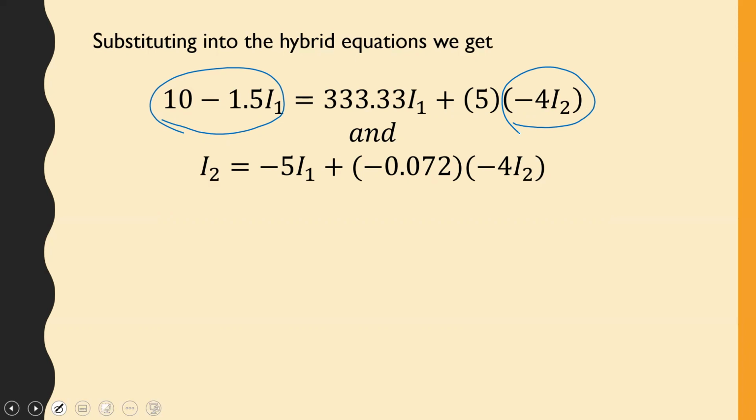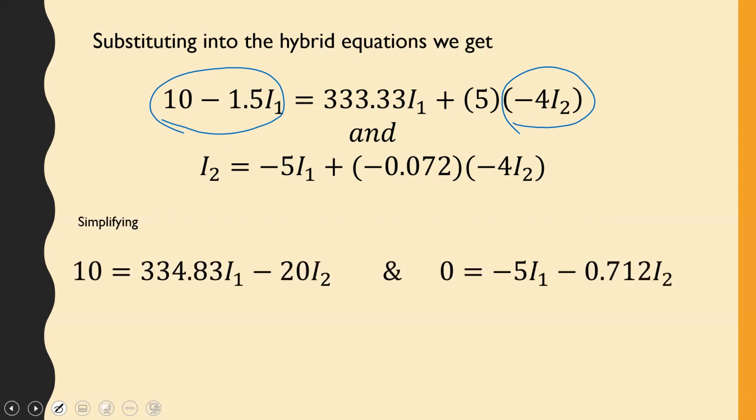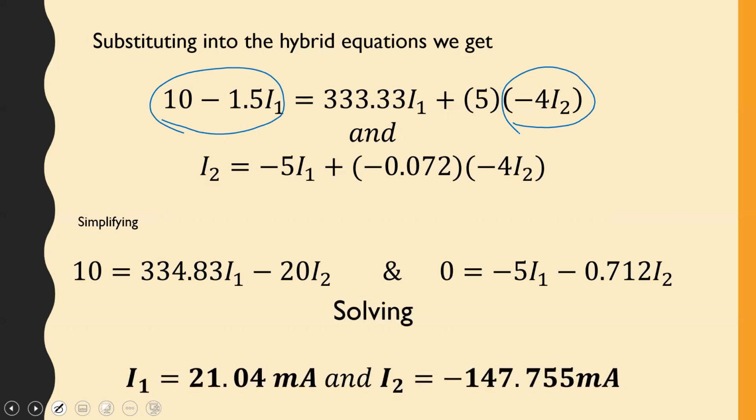If we simplify these and solve, we get I1 to be 21.04 milliamps and I2 to be 147.755 milliamps. And then you can use that to find the power dissipated.